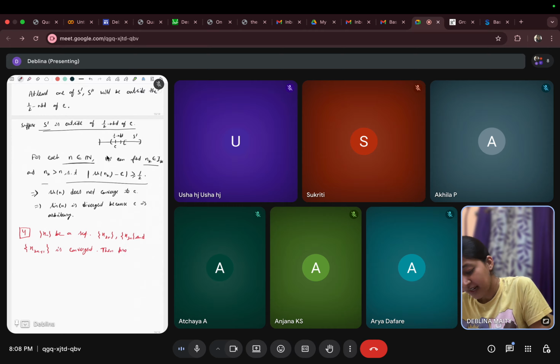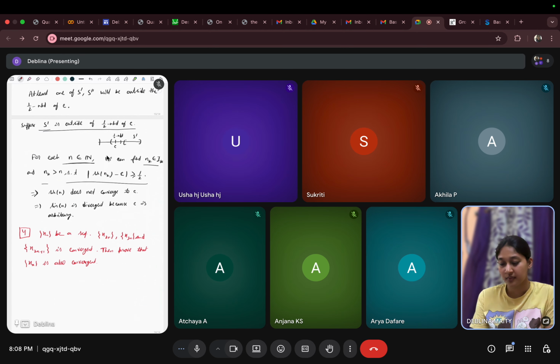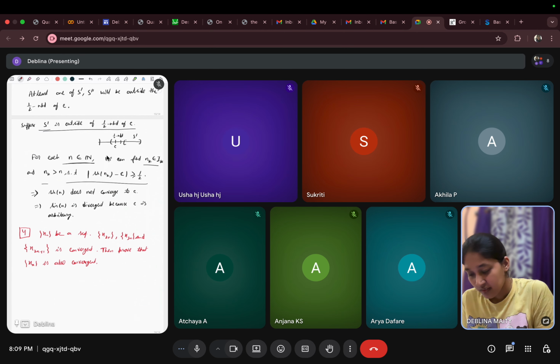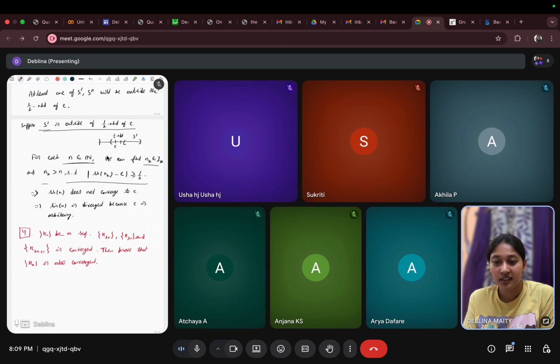Then prove that xn is also convergent. So the 3 subsequences are convergent, then you have to prove xn is convergent.